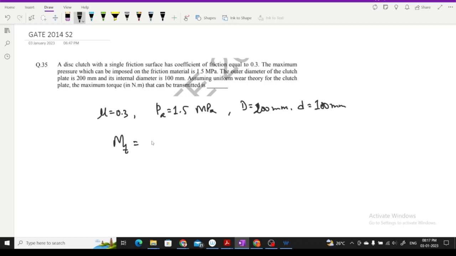Almost around that 530. So which equation we are going to use here? Pi by 8. Sorry, 1 by 8 pi into... So this pi mu p d by 8, right? Yes, sir. D square minus d square, right? Yes, sir. So in this all the data is given, right?